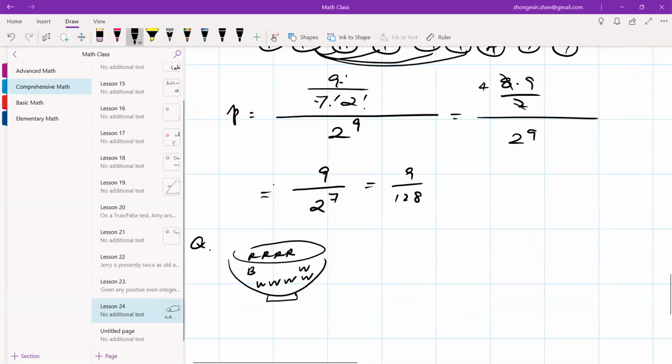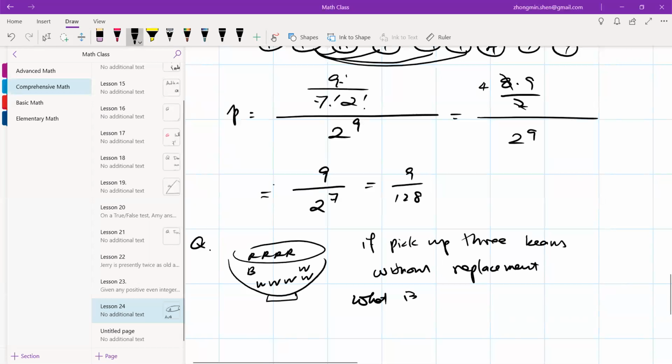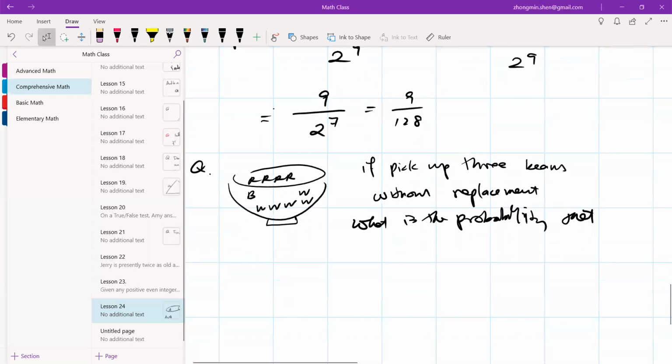What is the probability that exactly 2 will be red?